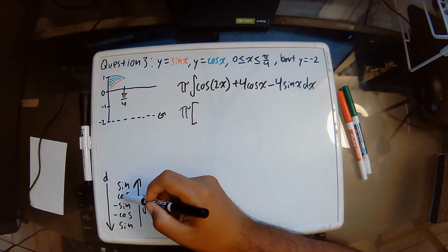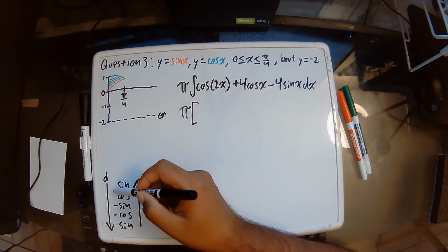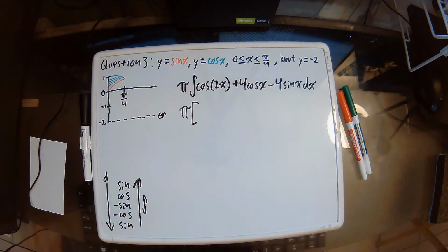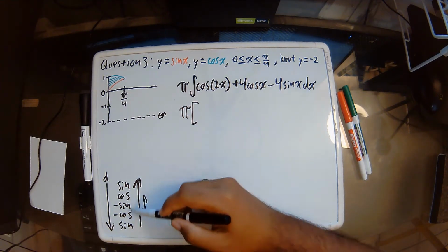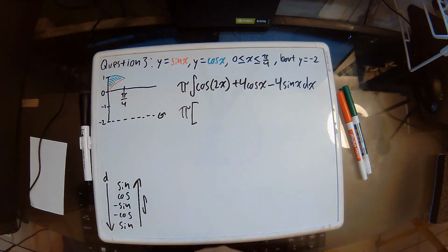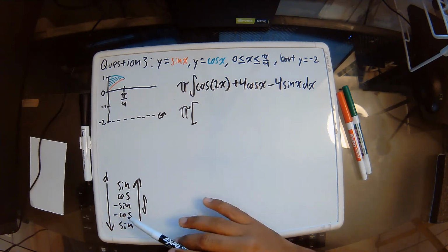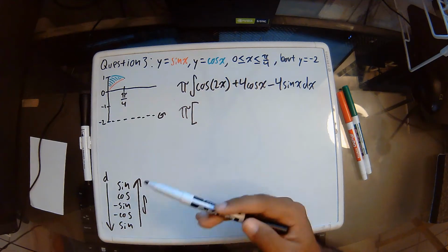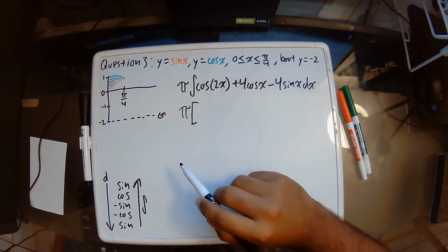Sine turns into cosine, cosine into minus sine, we go this way. When we integrate, we work backwards and we go upwards. So from cosine we get sine, from minus sine we get cosine. I enjoy that, and I've heard that it helps others, so I hope that you can use that too.